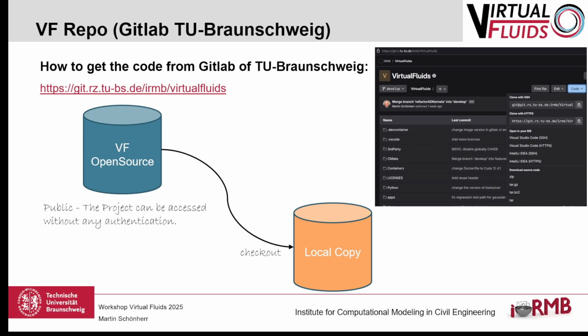Everybody should be able to access this code without any authentication or something like that, and check out a local copy and then work with it. Yeah, you can do it with the variant Hussein showed earlier, but okay, find the way that you are comfortable with.